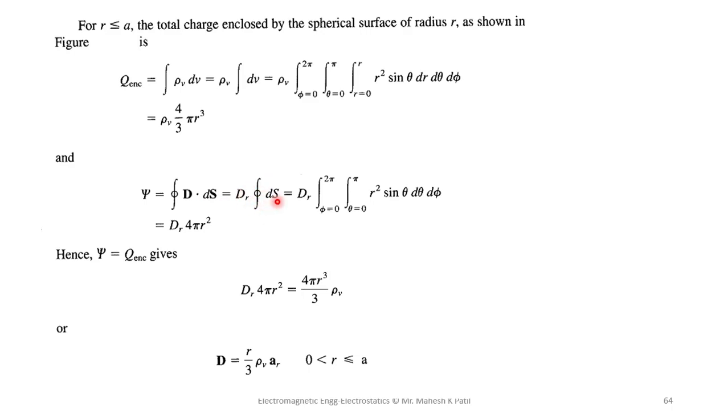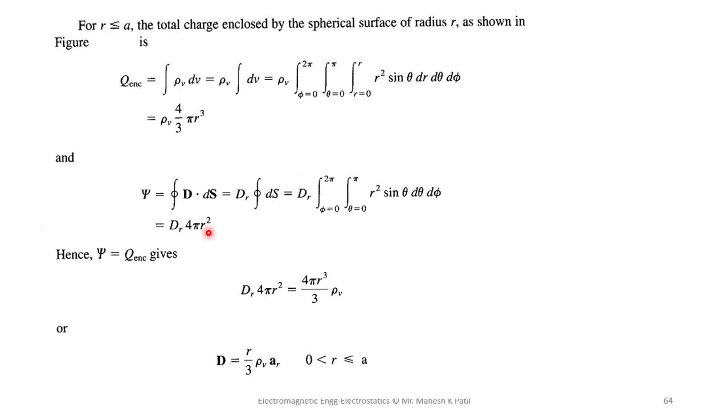Now closed loop integration dS can be written as the double integration of r square sin theta d theta d phi. So this dS can be written for r constant. After simplification, this double integration answer is 4 pi r square. So total flux is equal to Dr into 4 pi r square.